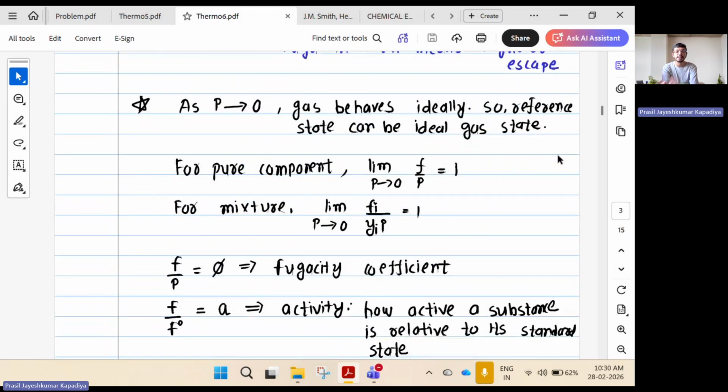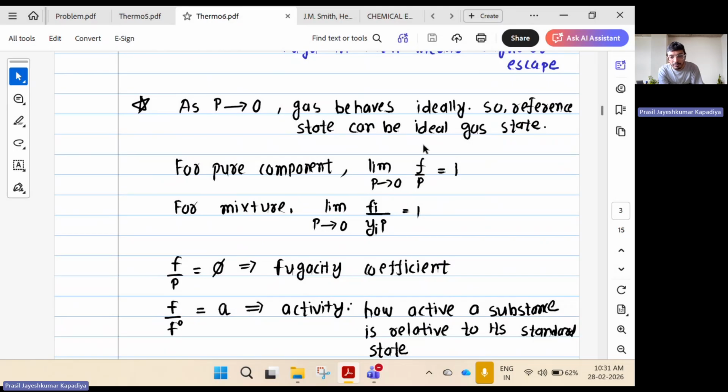F by P should be 1 as my pressure tends to zero because the gas is going to behave ideally, or my F tends to P. And for a mixture of various components, we will have the fugacity of each component and the mole fraction of each component present in the mixture. So what can I write? I can write limit P tends to 0, Fi, the fugacity of the ith component, divided by yi, the composition of the ith component in the mixture, into P should be equal to 1.